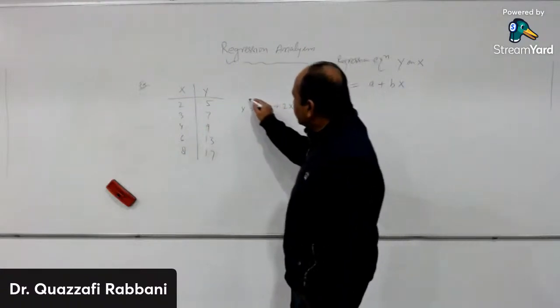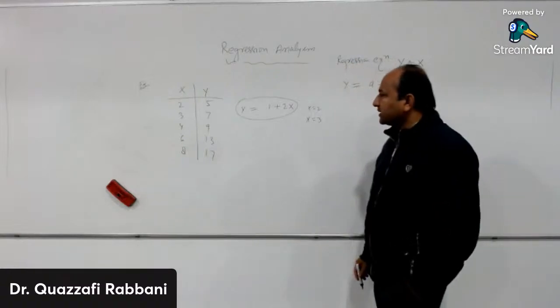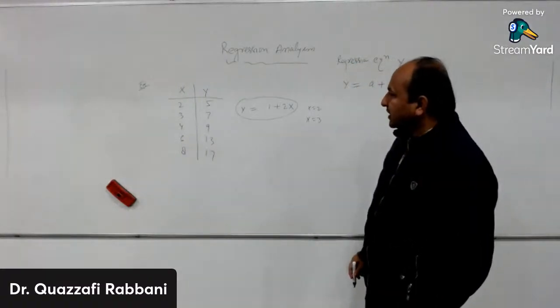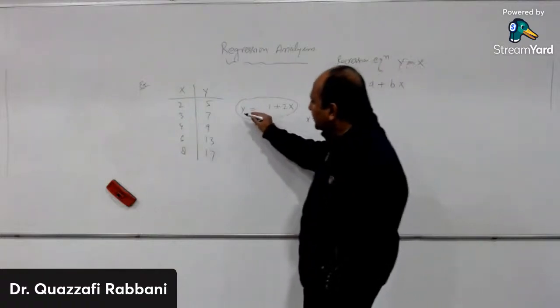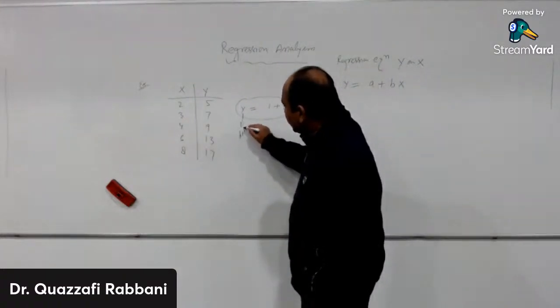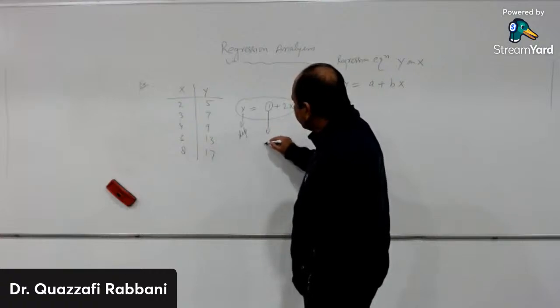So this is known as the functional relationship between x and y, the equation between x and y, where y is the dependent variable and x is the independent variable. This one is known as the intercept.